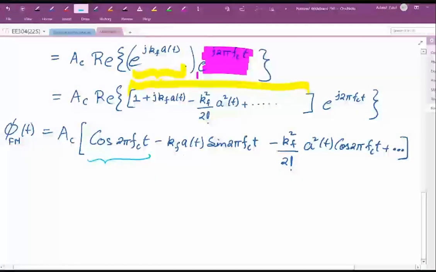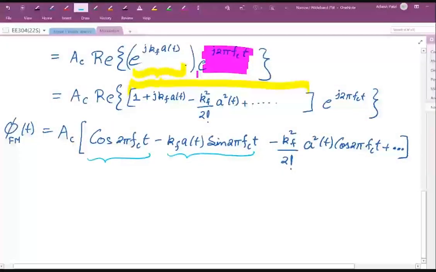And what is this term? Do we have any resemblance for this term? If I assume that k_f a(t) is some message signal, where k_f is a constant and a(t) is the integral of m(t) itself, then this has a very strong resemblance with which signal?